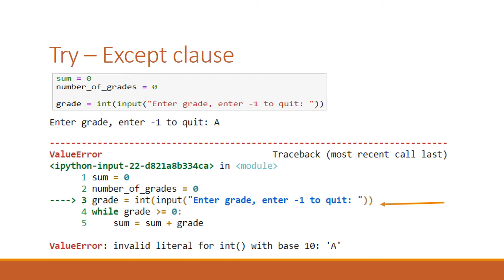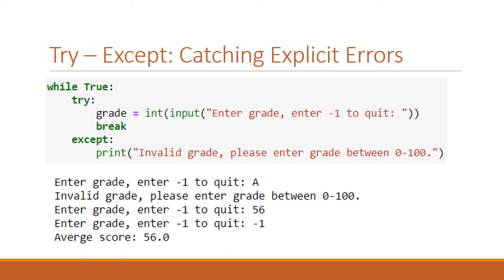So this description is telling you that A is not a valid literal for the int function. Here is one example of how we might be able to gracefully handle the error message if the user types in an incorrect value for the grade.